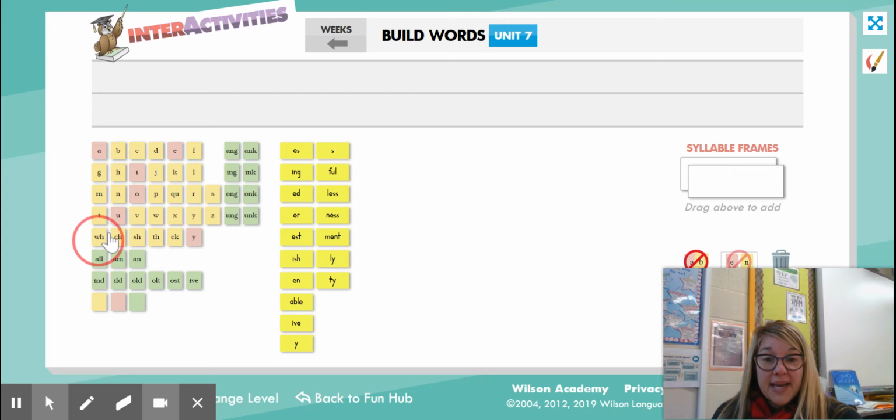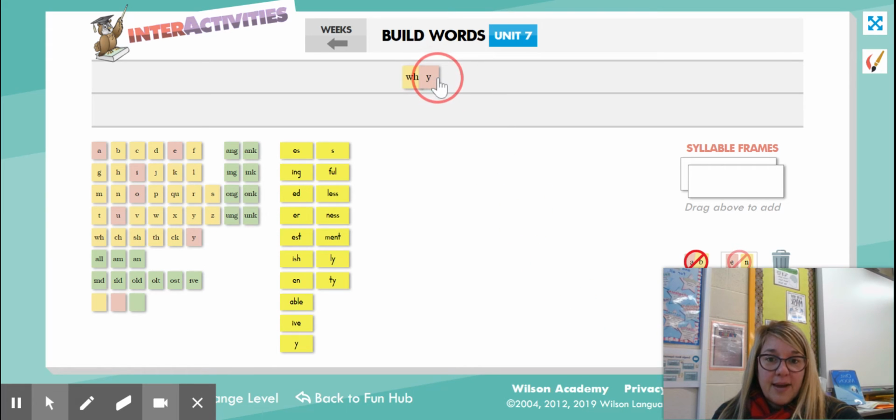So I'm going to grab my digraph, WH for that w sound, because I know when it's at the beginning of a word, it's going to be the digraph. And then when I hear the I sound at the end, I know it could now be two different vowels. So I'm going to check it out. WHI for Y or WHY.